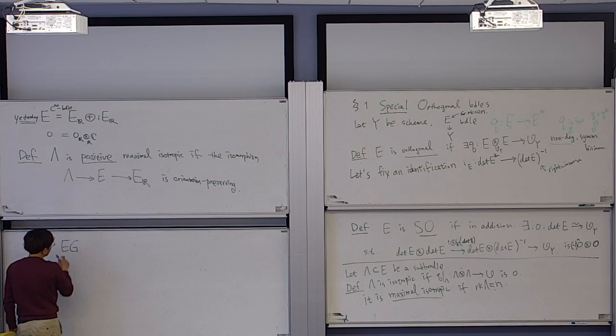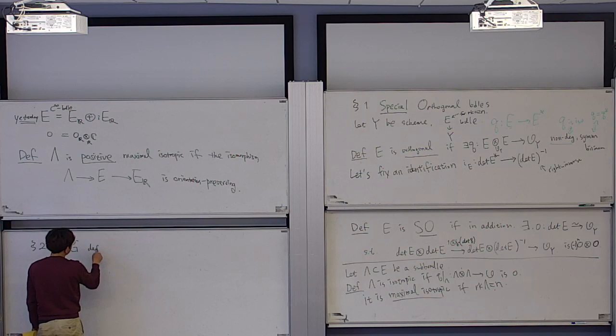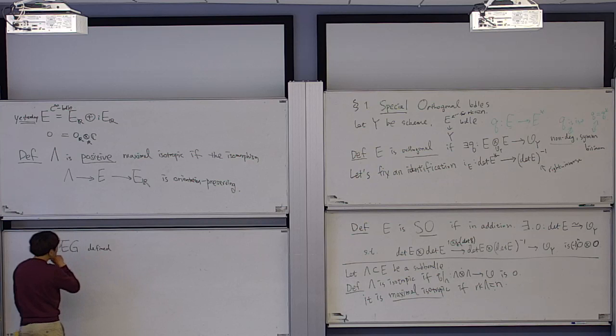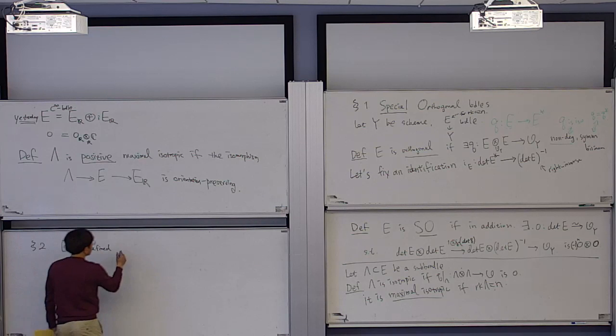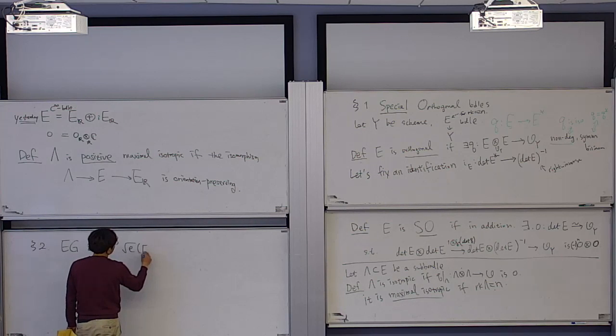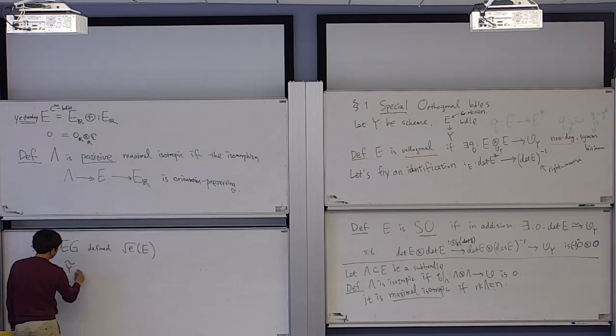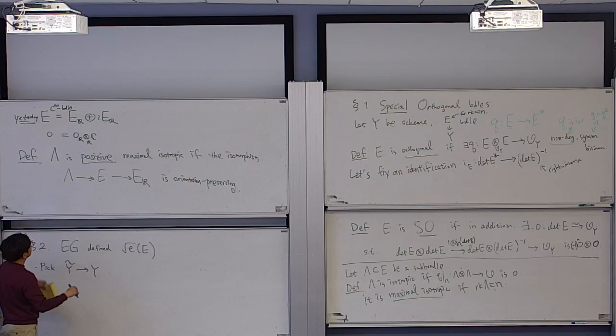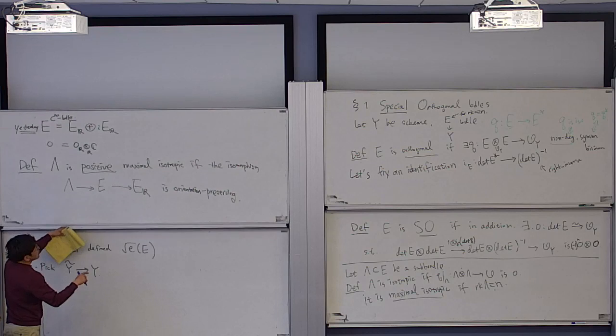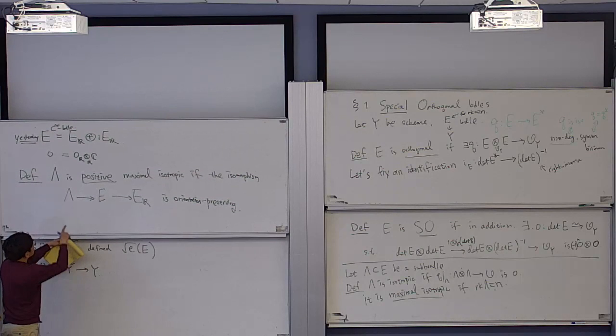Then Edidin-Graham defined the scalar Euler class of this special orthogonal bundle like this. I should have noted that this positive maximal isotropic may not exist.